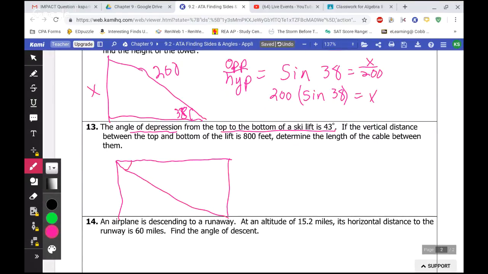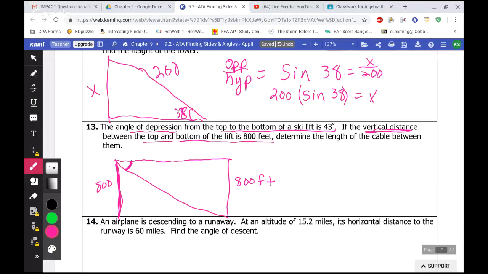The angle of depression is this angle right here. It says the vertical distance between the top and bottom of the lift is 800 feet. So I know it's 800 feet from top to bottom here. So I know it's going to be 800 feet over here.